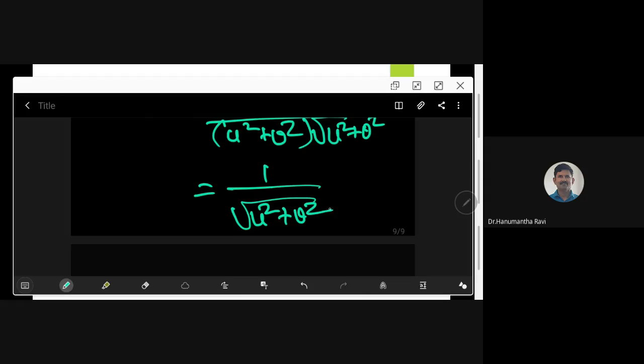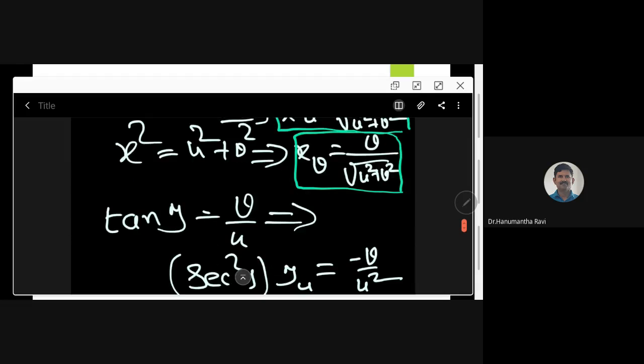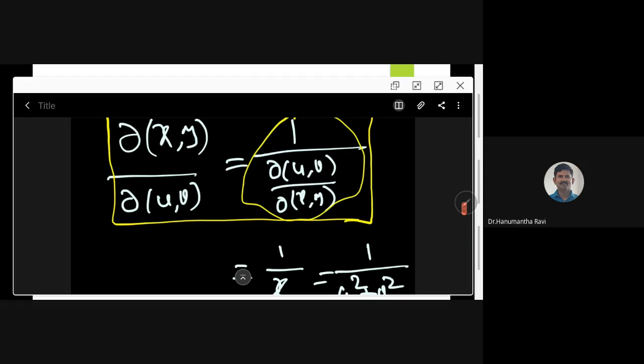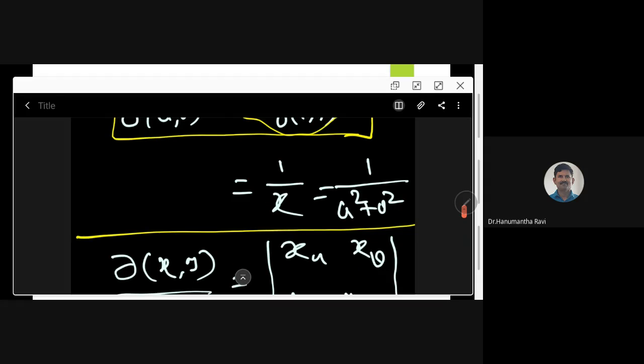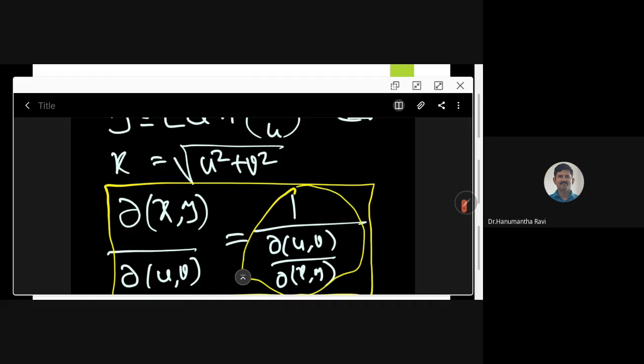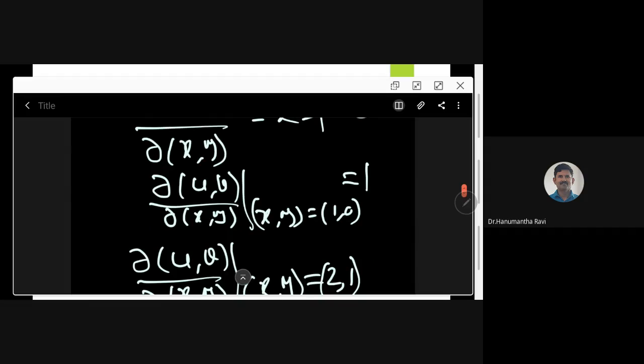Now see here, this we already got if you use this property, where we have used one very nice property. I already got this as 1 by, okay, here the square root is missing. Why is the square root missing? Just a minute.